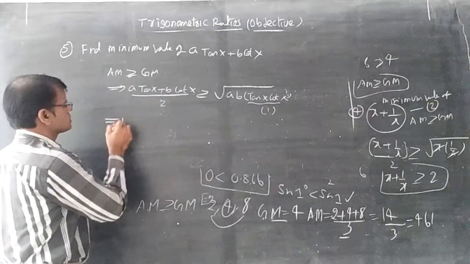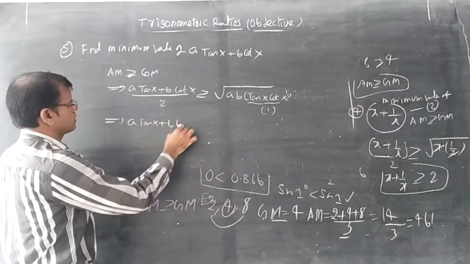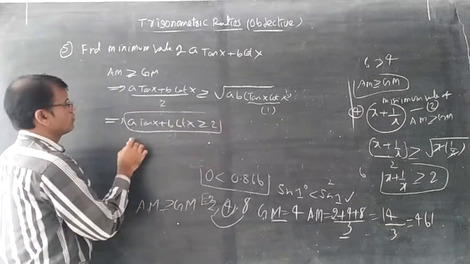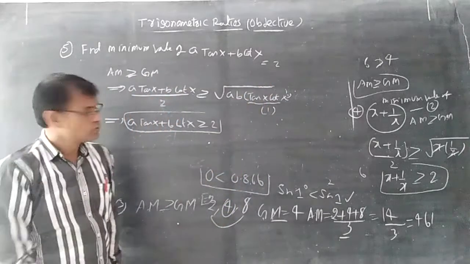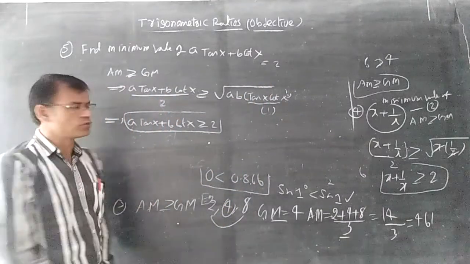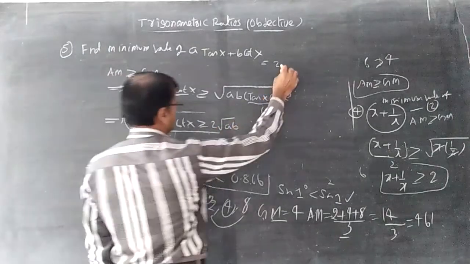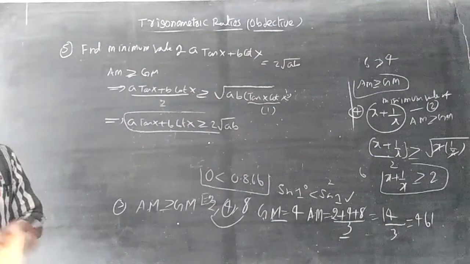So that implies a tan x plus b cot x is greater than or equal to 2 root ab. So the minimum value of a tan x plus b cot x is equal to 2 root ab.